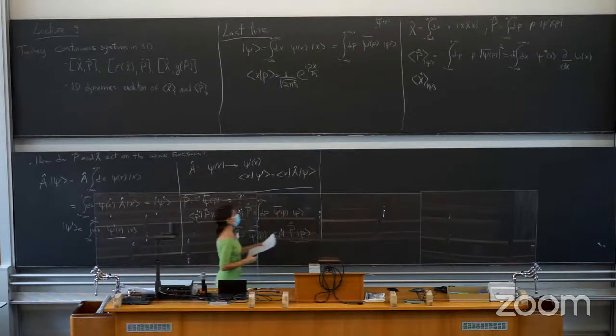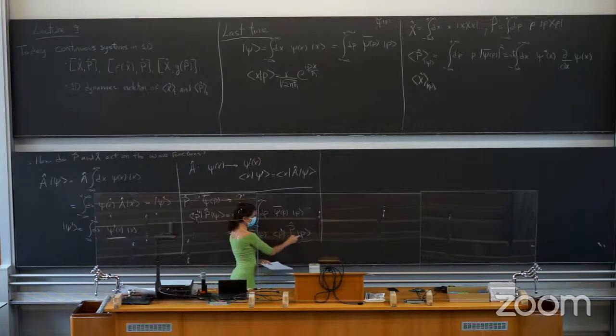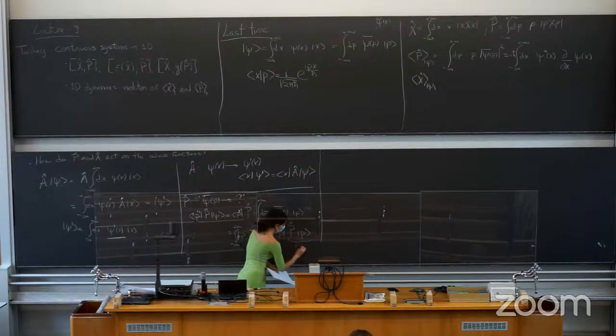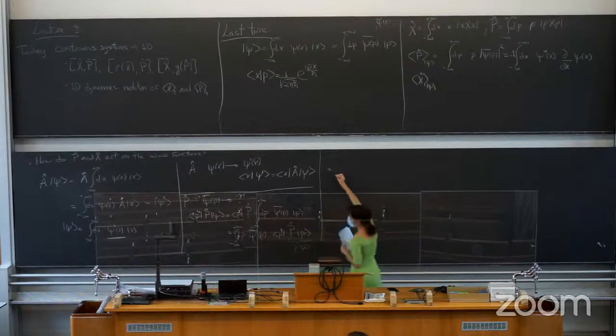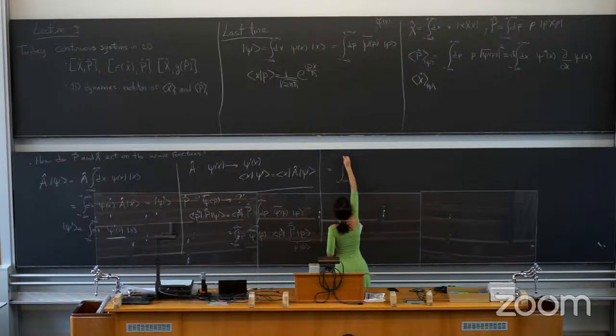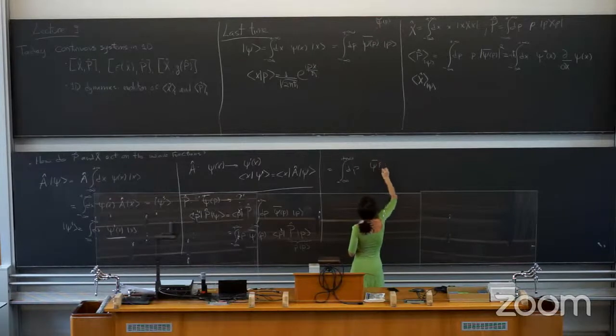Now, this P prime is an eigenstate of the operator, right? So if you see the definition of the operator, then the operator acting on an eigenstate just gives us the small p. So this is a number now, a real number, p. So then we have the integral, p is a number.